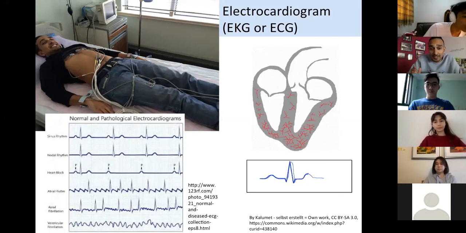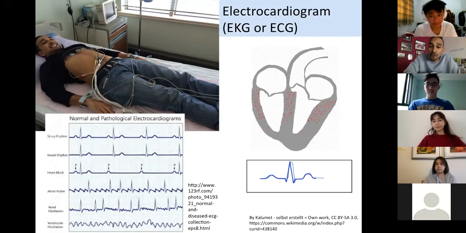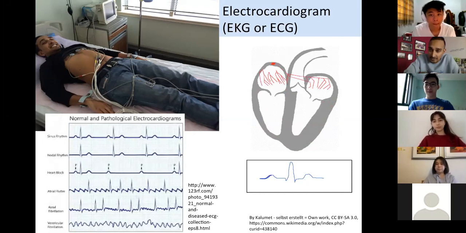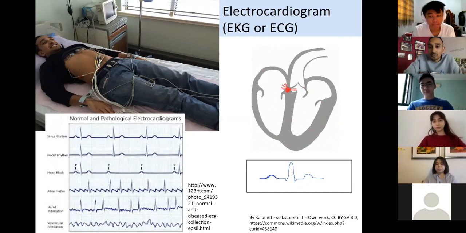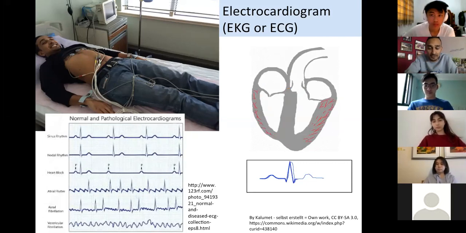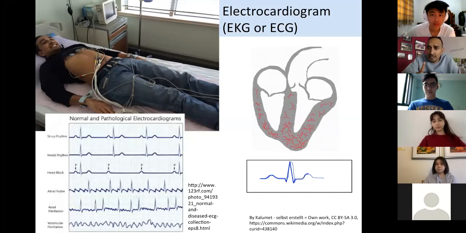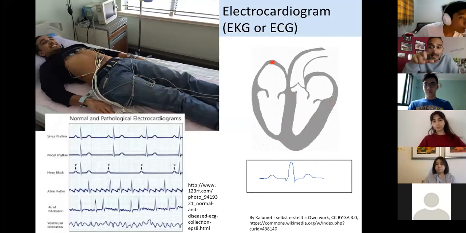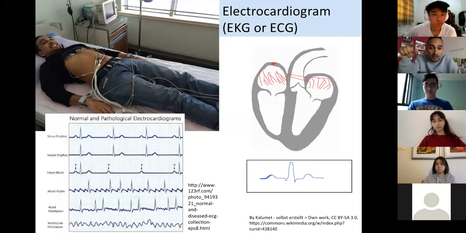The answer is that your heartbeat is controlled by an electrical signal. So when electrical signals go through your heart, they can be detected and traced on paper. And the other video that I sent you of the baby's stress test is the same idea, right? It's detecting electrical changes in his heartbeat.